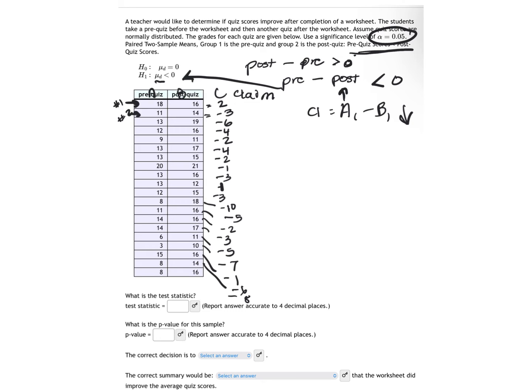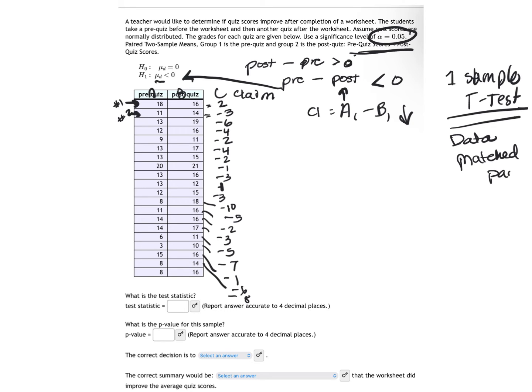That would give me all of these. And then once you have all of those, you want a one sample t-test on those differences. In Excel, if you have the data analysis tool pack, then they have a matched pair t-test, and you can just run the matched pair. Similar as well in Minitab.